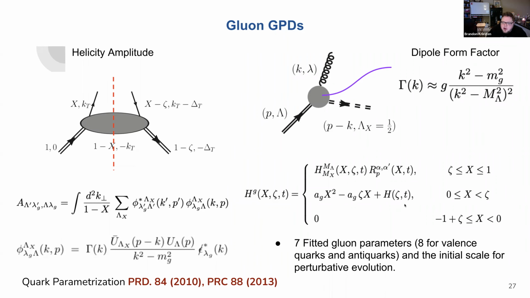But all in all, the exact same procedure holds, and the calculation of the GPDs is pretty much the same. We don't have a quark mass anymore, so we have one less parameter. But this is in essence what the gluon GPD H looks like. So there are 7 fitted gluon parameters, and we also fit the initial scale for perturbative evolution.